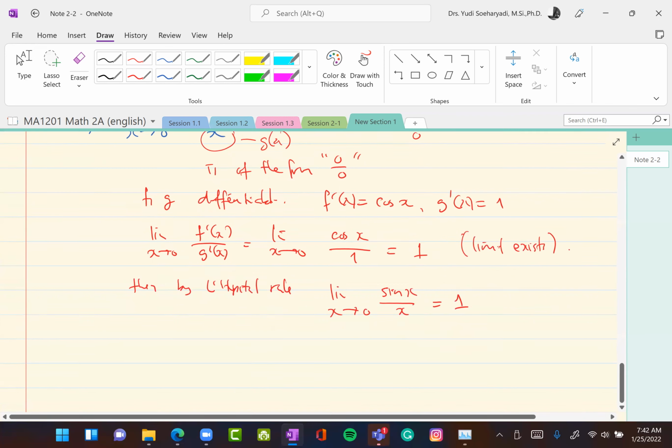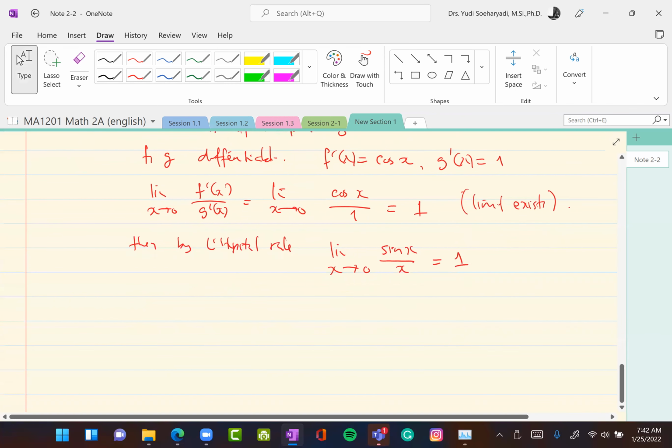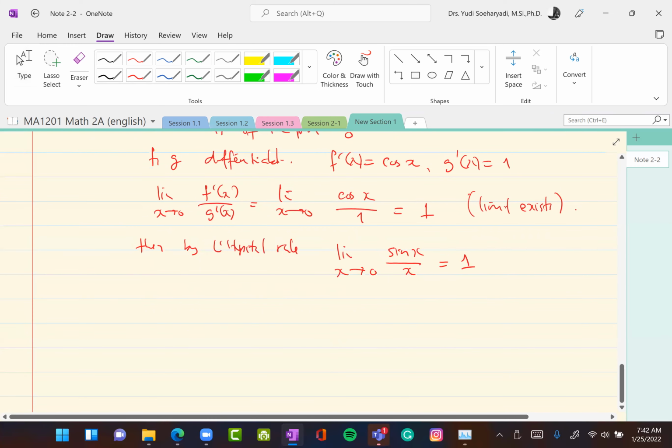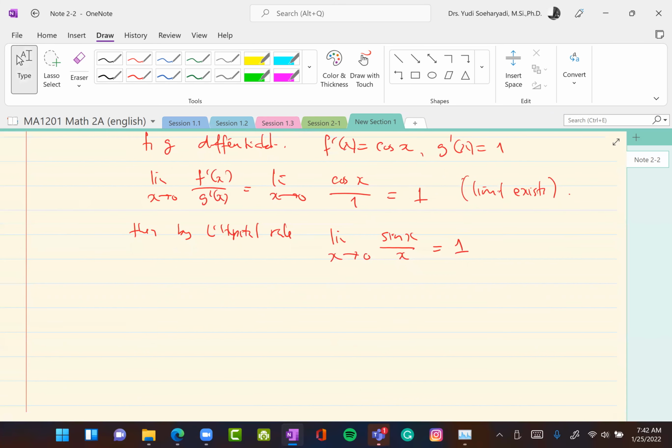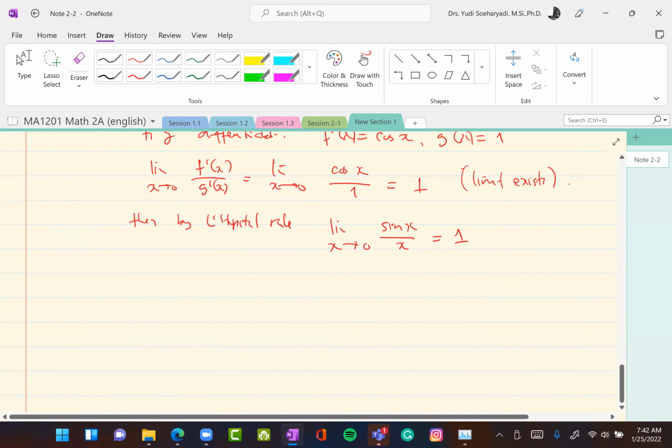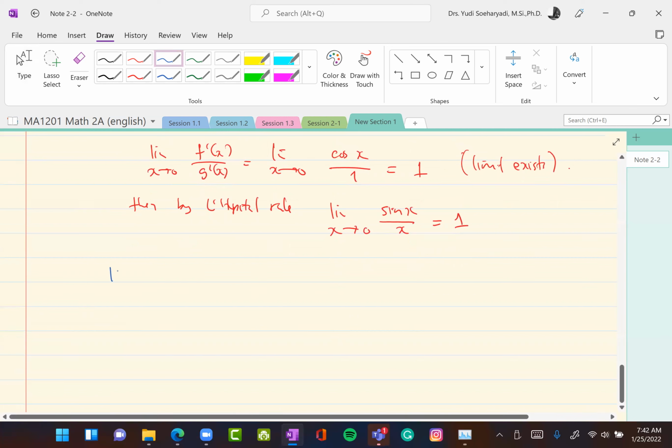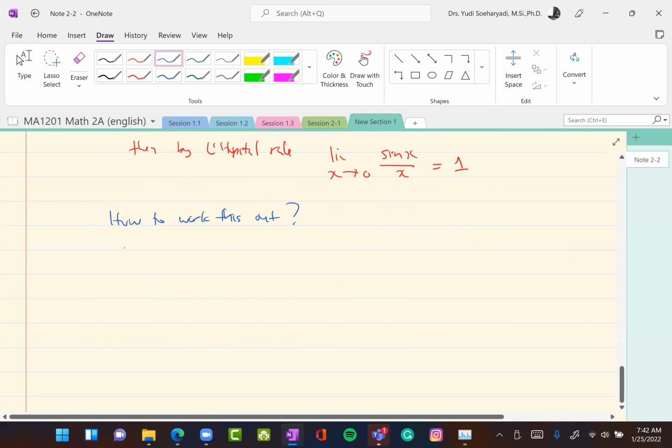Okay. But later on, you don't need to write down the whole thing like this. So what you need to write is something like this. Again, you're given the problem.